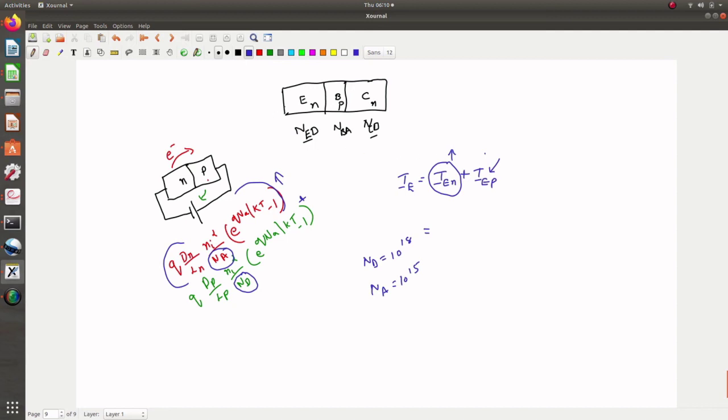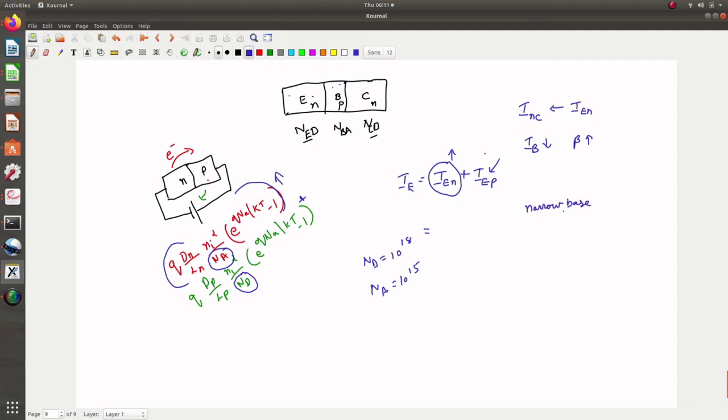So by adjusting the doping concentration at the emitter and base, we can control the transistor action as per our requirement. Our requirement is the collector current should be almost the same as the emitter current, and the base current should be very low in order to get a higher gain.